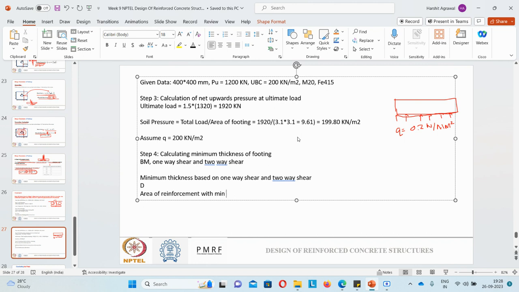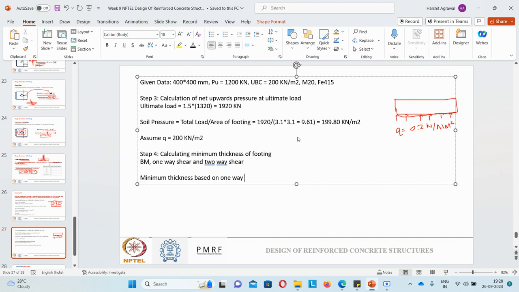Just do it once and later on check the area of reinforcement with the minimum reinforcement criteria. That will also serve for the safety of depth. So that is what we will opt in this question. I explained it in a different way, but that was the theoretical part. Numerically, we need to be a little faster, so we will opt for this technique.